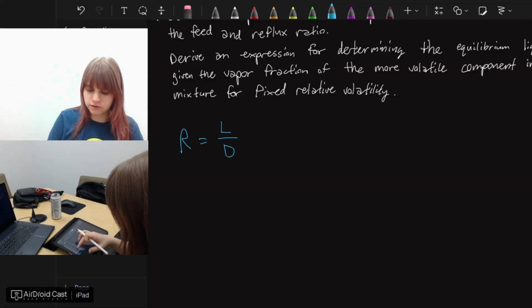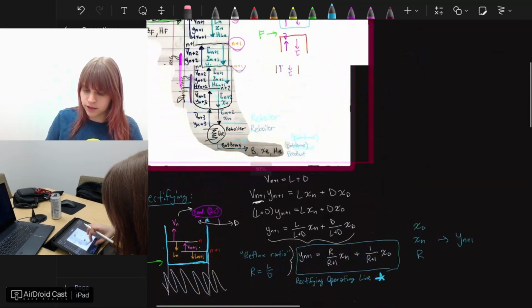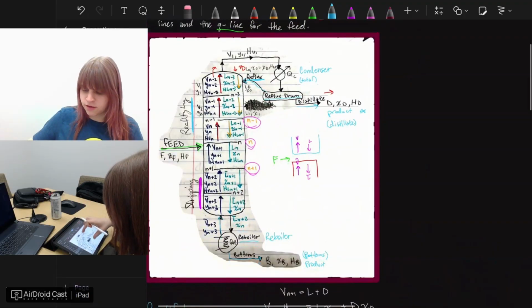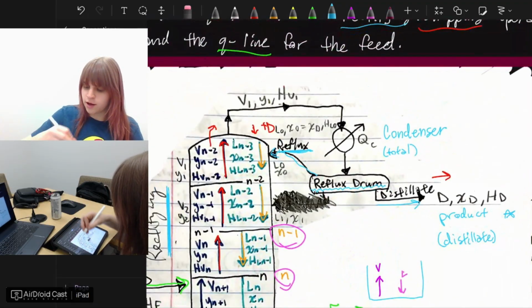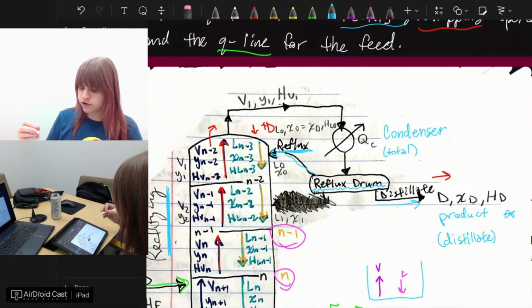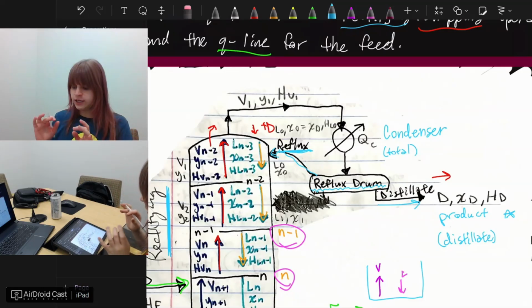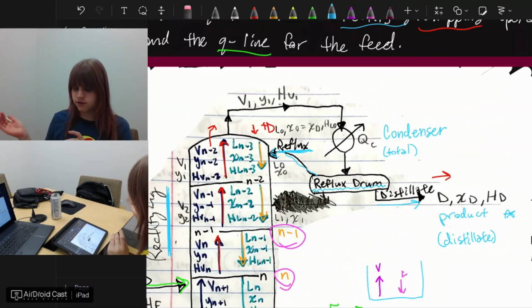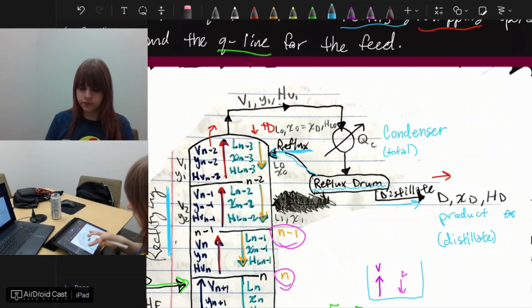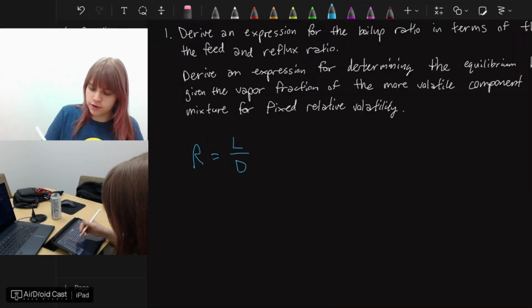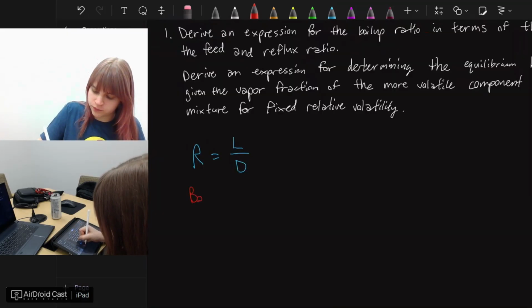That is because that is literally what it is: there's vapor coming up, going into the condenser. Some of it is taken off as distillate, the D, and some of it is sent back, refluxed, and that is the liquid.